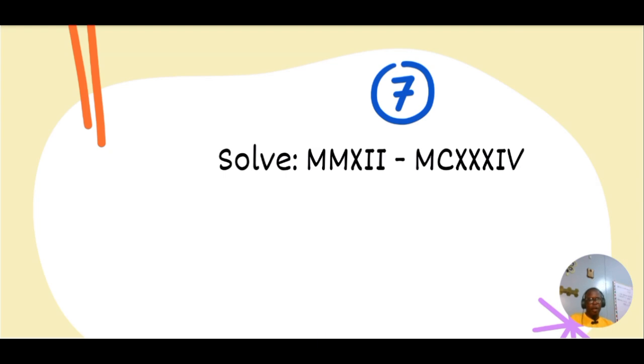Okay, number 7. All right. Oh yeah, we have Roman numerals here. So this will be subtracting m is 1000, another m is 1000. That makes 2000, 10 and 2, 12. So 2012. 2012, taking away, what do we have here?